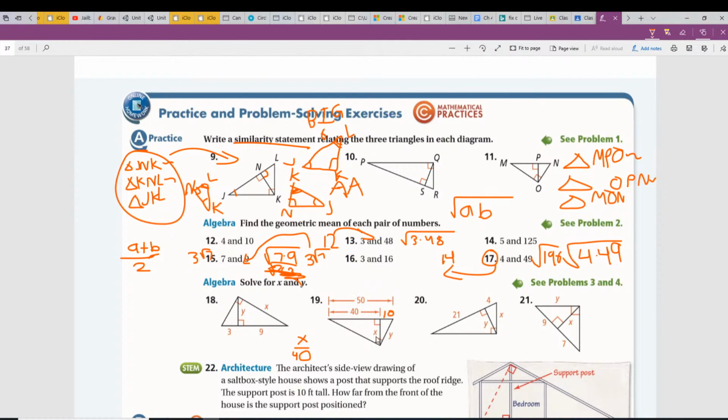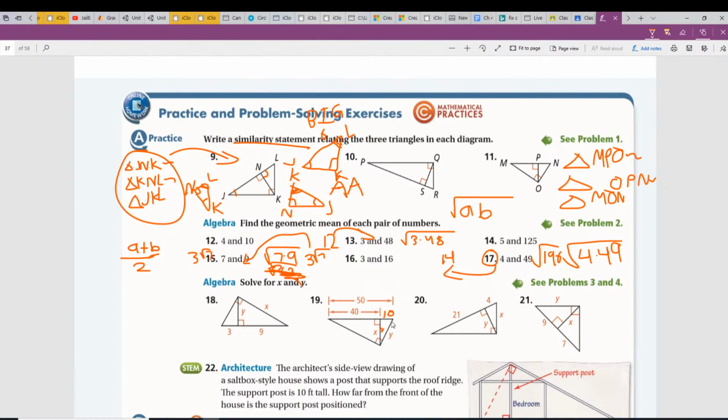So this small triangle right here, we're only comparing the legs, would be x and 10. So wait, if we're doing the corresponding lengths of both triangles, x would actually not correspond to itself.